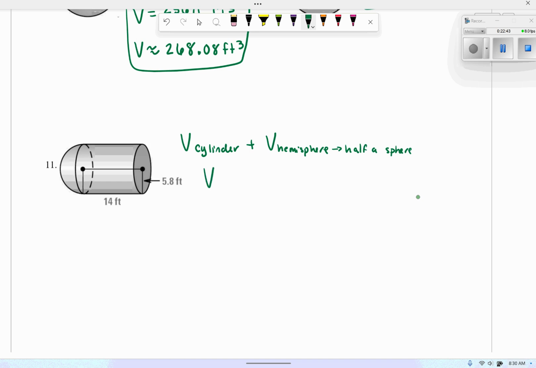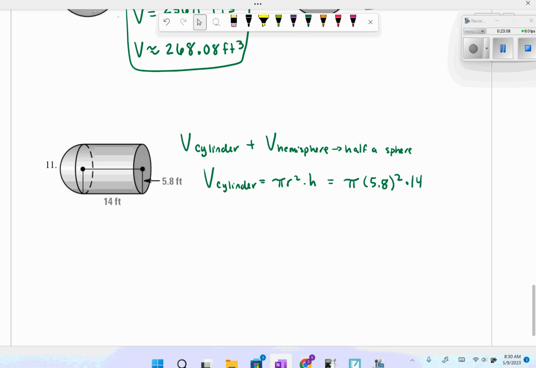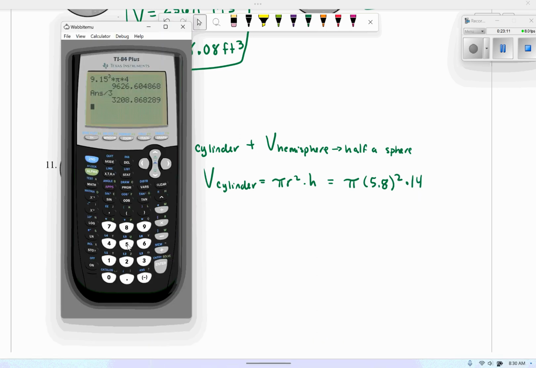So the volume of the cylinder is equal to the area of the base times the height. So the base is a circle, so pi r squared times the height. So this gives us pi, r is 5.8 feet, so 5.8 squared times the height, which is 14. So in our calculators, we get 5.8 squared times 14.